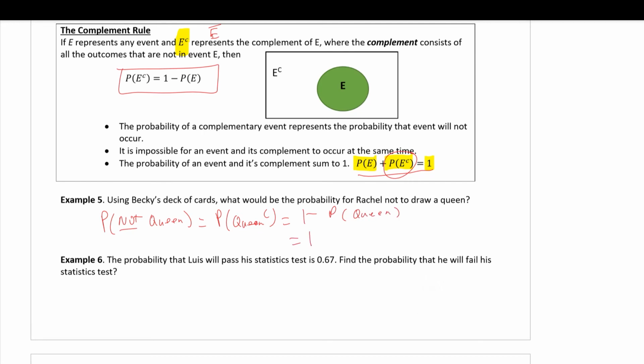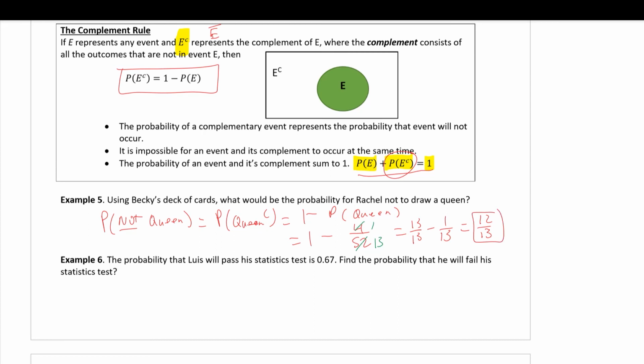So there are 4 out of 52 cards that are queens. We can make our lives a little bit easier and reduce this down. We know that 52 is divisible by 4, so we get 1 over 13. And if we get a common denominator, that 1 can be converted to 13 over 13 minus 1 out of 13. And 13 minus 1 is 12 out of 13.